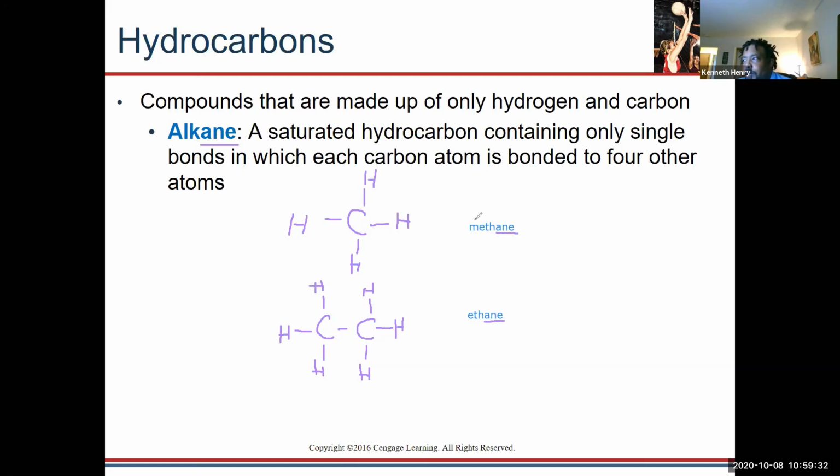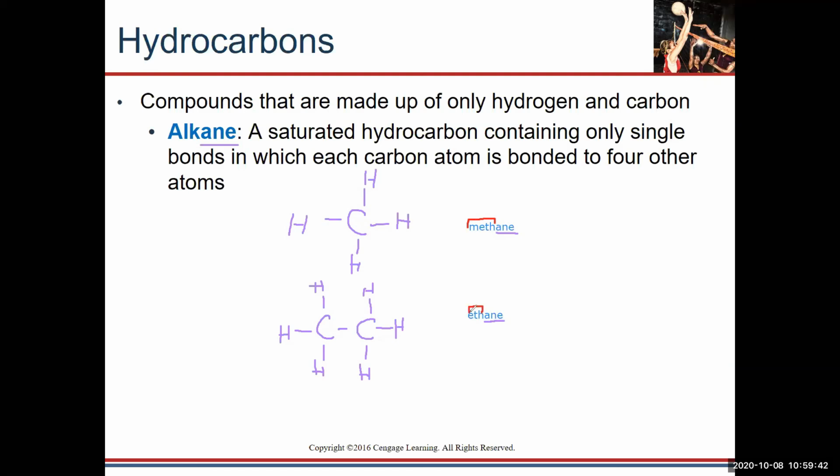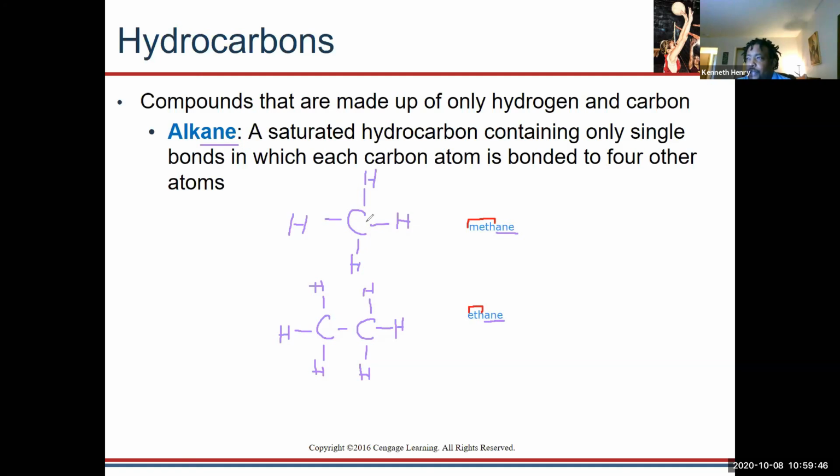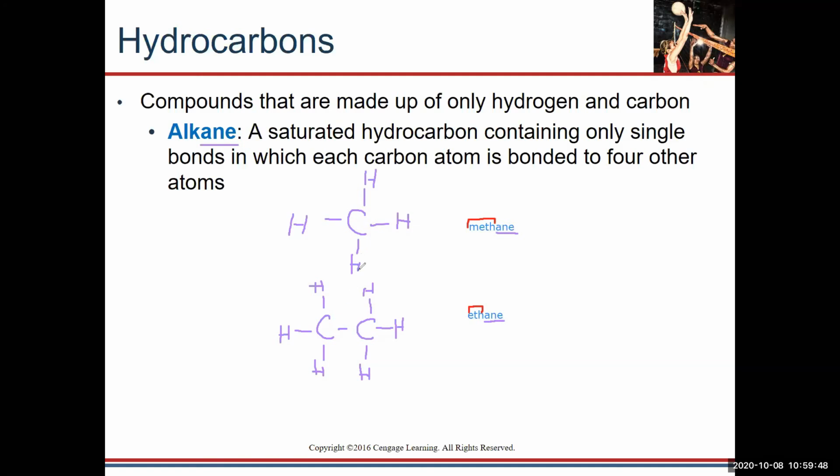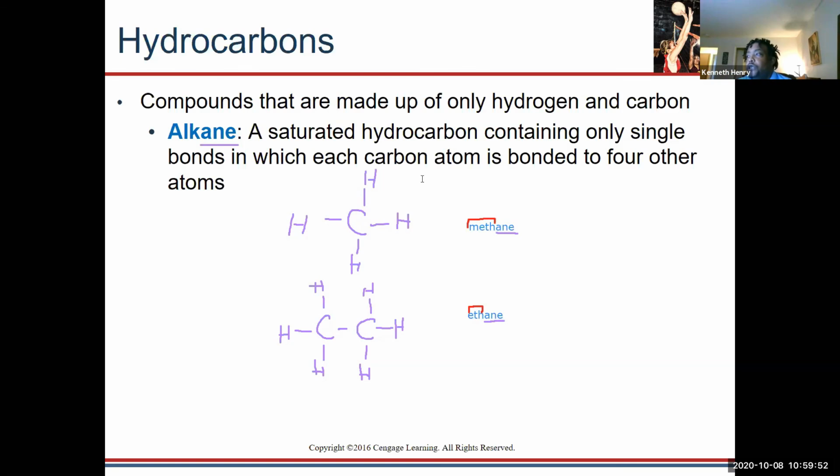So what do you think the first part tells me, the meth and the eth? What is the difference? The number of carbons. So this prefix, meth, means I have one carbon.